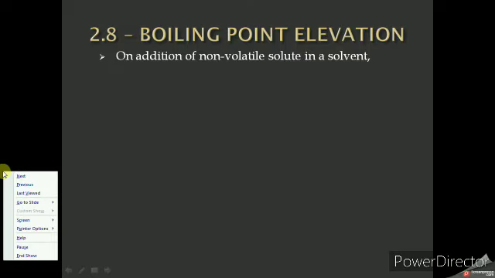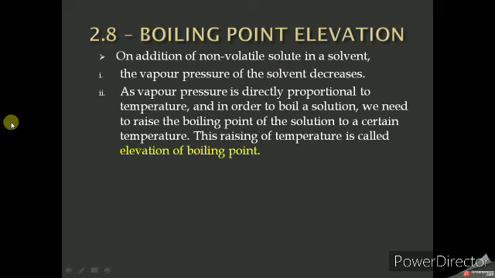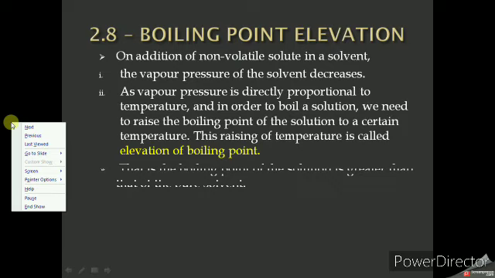So on addition of a non-volatile solute in a solvent, the vapor pressure of the solvent decreases, that we already discussed. As vapor pressure is directly proportional to the temperature, in order to boil a solution, we need to raise the temperature of the solution to a certain temperature. This raising of temperature is called elevation in boiling point.